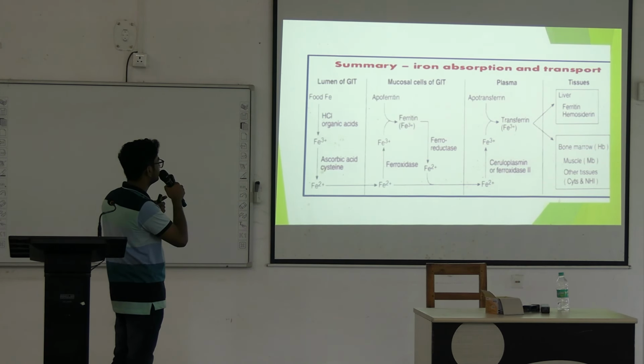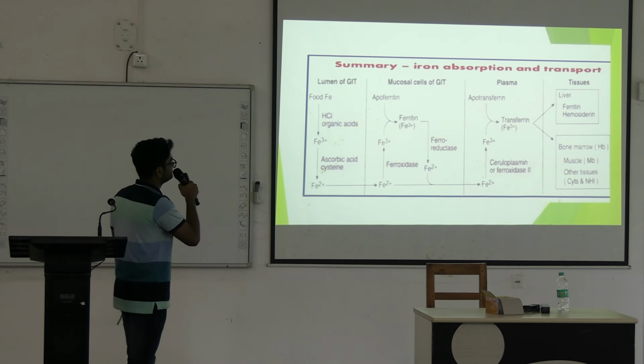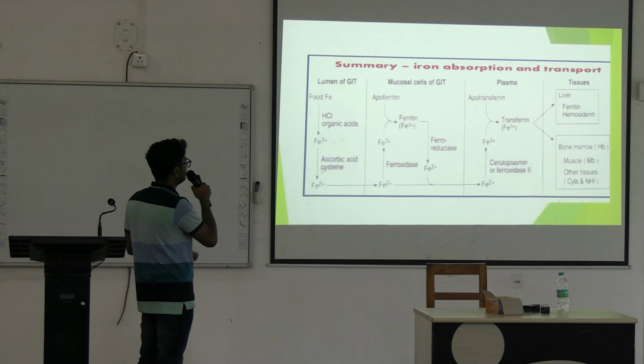the mucosal cells of the GIT. Here this ferrous ion is converted by peroxidase to ferric form, and apoferritin is also converted to ferritin, then ferroreductase converts it into ferrous form, then divalent metal transporter 2 transports this ferrous ion into plasma, where ceruloplasmin, a peroxidase, converts this into ferric ion.